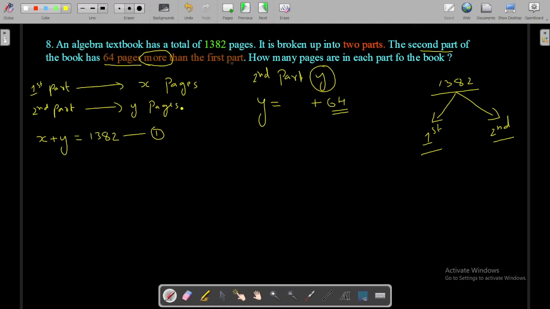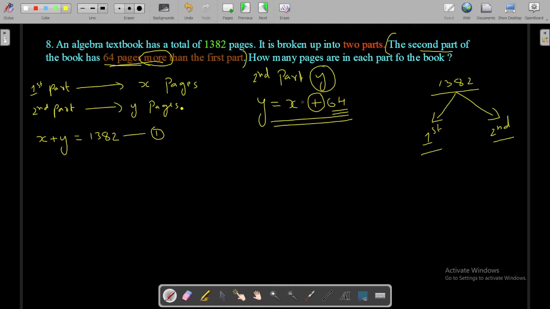Then the first part. So first part is how much? X. So simply what you have to do, you write this statement in reverse order. So here having 64 pages more. More means plus you have to write here. How much more? 64 it is more.